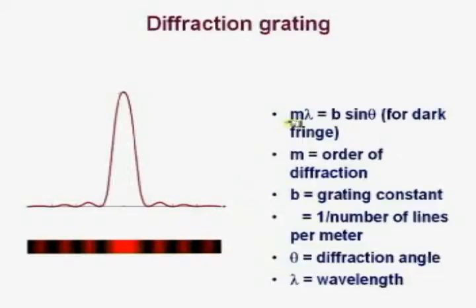And here is a simple equation where m is the order of the diffraction, lambda is the wavelength, b is the grating constant, and theta, or sine theta, is the angular dispersion. If you know the distance y and L, for small angle approximation you can write tan theta equals sine theta equals theta itself.